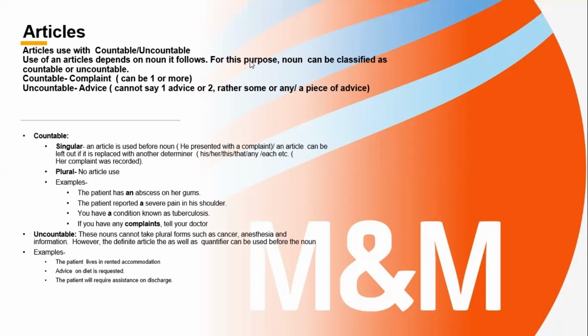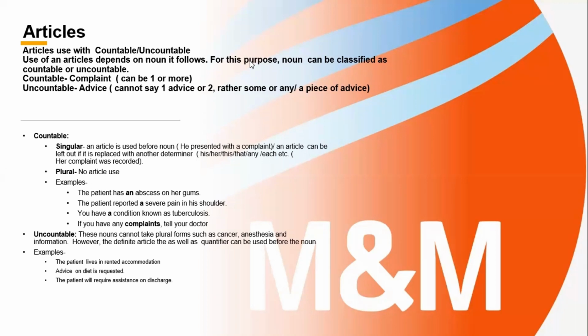We have to understand what the countable nouns are, such as complaint, abscess, lump. Even symptoms such as fever, cough, urination, because they run in episodes, are examples of countable nouns, right?